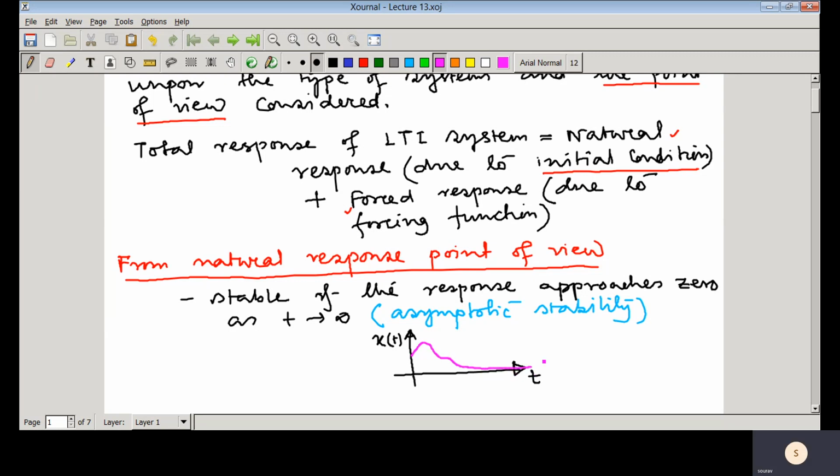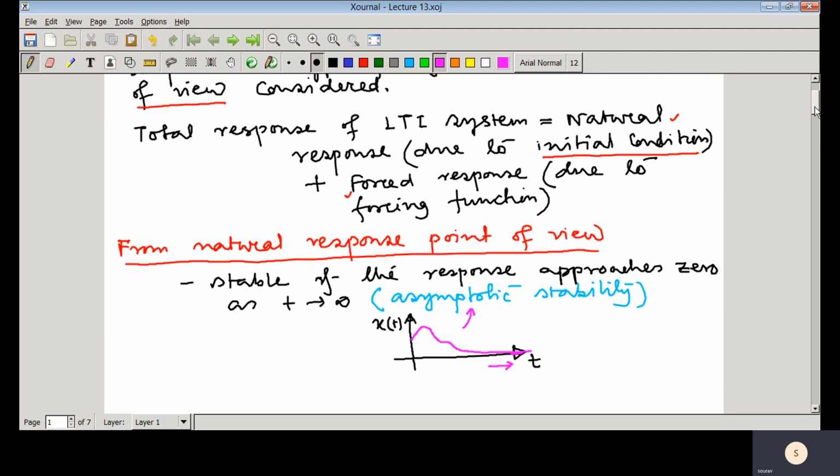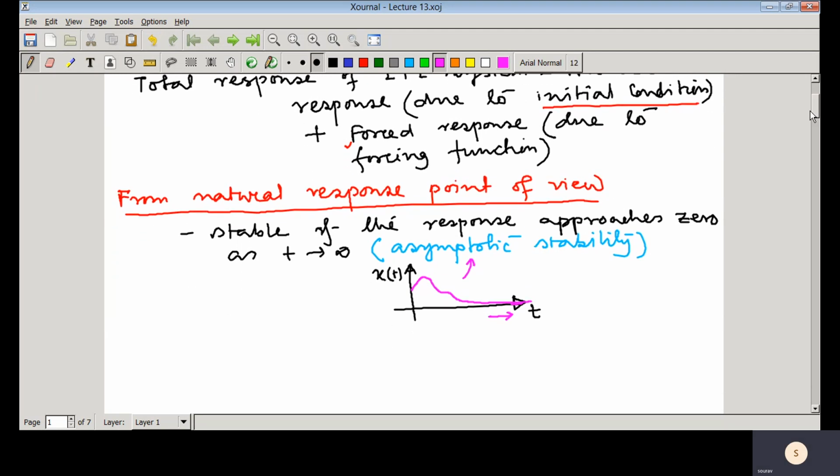Then you can see that when time tends to infinity, this response goes to 0. So this particular stability is called asymptotic stability. This is the point of view we have considered, that is the natural response point of view. That means externally no force is applied to that system.